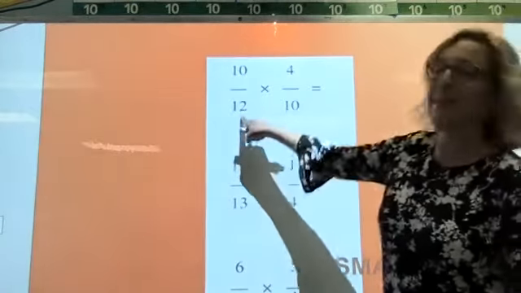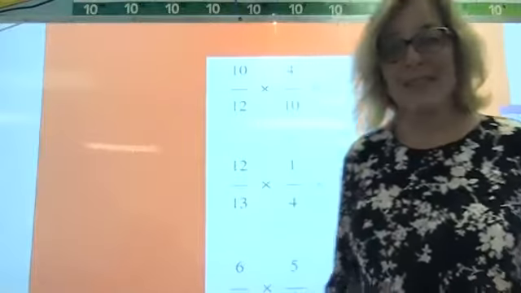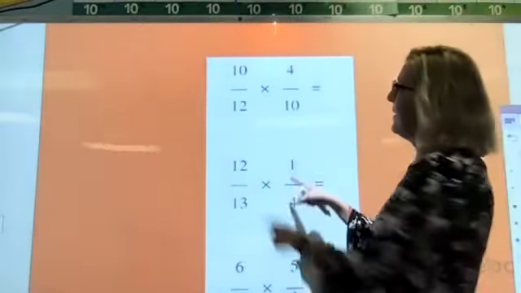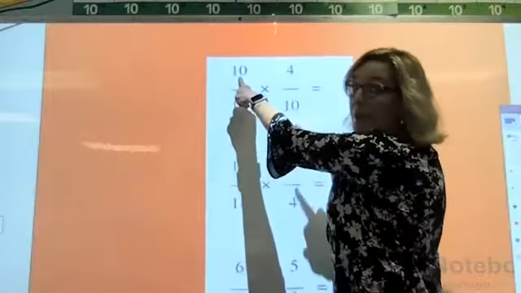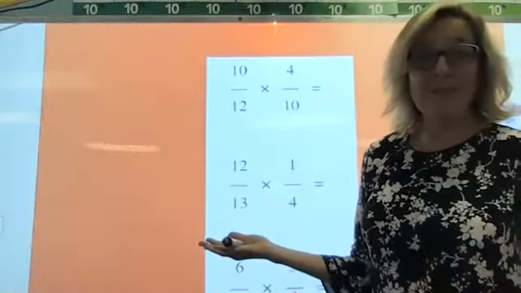I have 10/12 times 4/10. First of all, neither one of those is in simplest form to begin with. But you might notice that this 10 in the numerator and this 10 in the denominator both have a factor of 10.